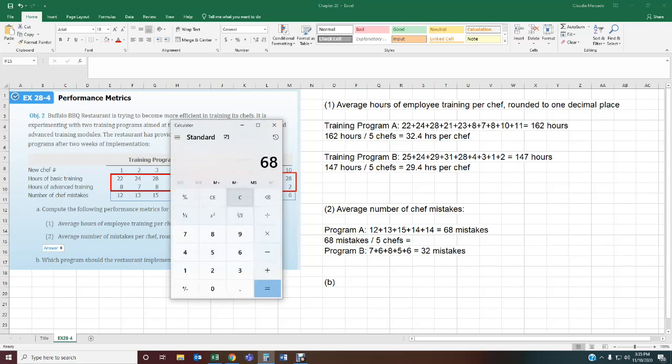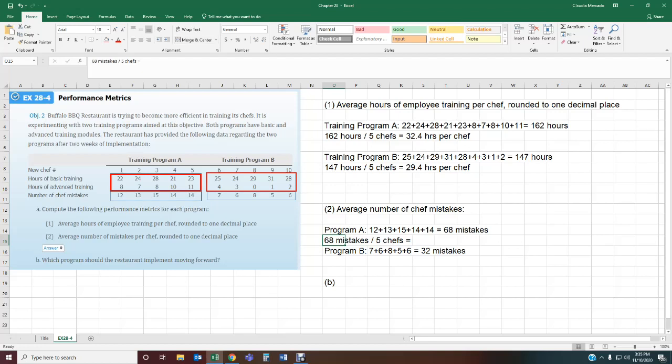So it'll be 68 divided by 5. That gives me 13.6 mistakes per chef. Okay.